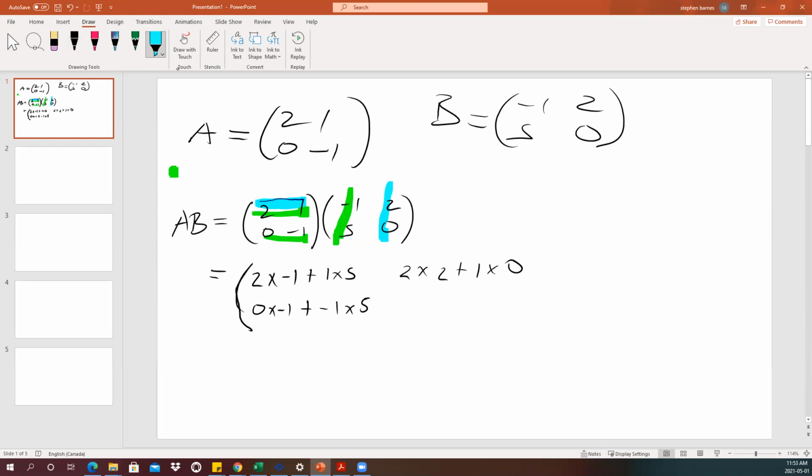Then again, this multiplied by this. So now you have 0 times 2 plus minus 1 times 0.